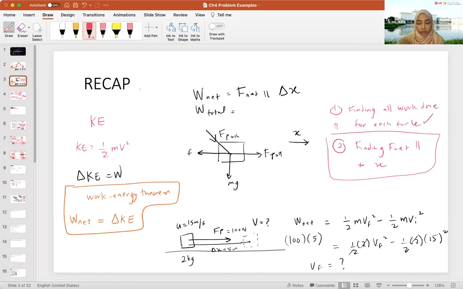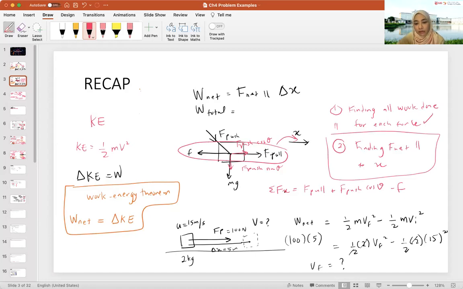So how do we know what is the F net? I need to know what is acting in my x-axis. So therefore I need to resolve. This becomes F push cosine whatever theta that is, and ke bawah ni adalah F push sine theta, and then in my axis here that is parallel to my displacement, my F net in the x direction is F pull plus F push cosine theta minus friction.